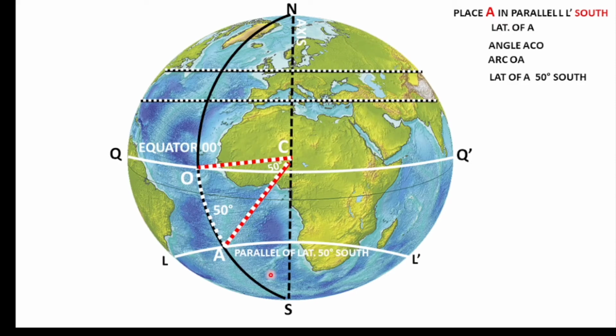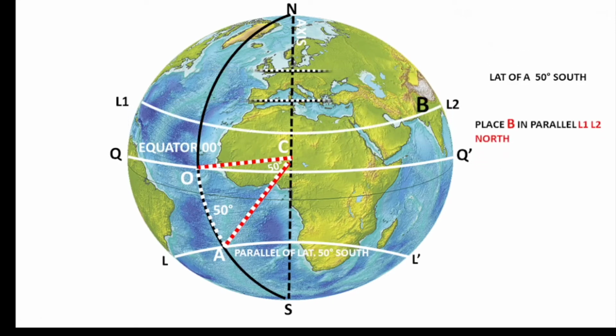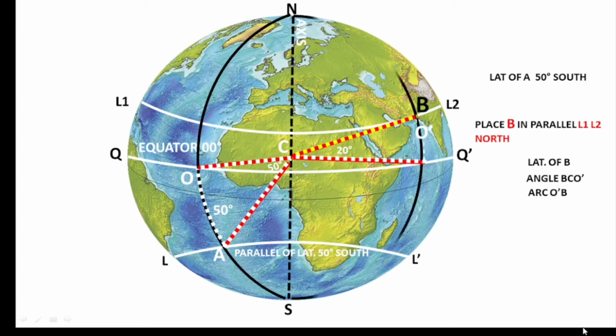And this is your parallel of latitude 50 degrees south. Another place I have taken as B here on parallel latitude L1, L2, north. Defined again the same thing, angle at the center or arc of the meridian, and the latitude is 20 degrees north.